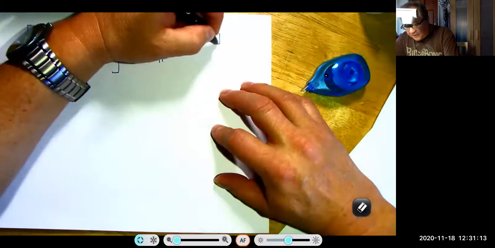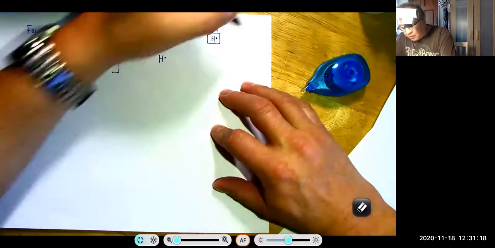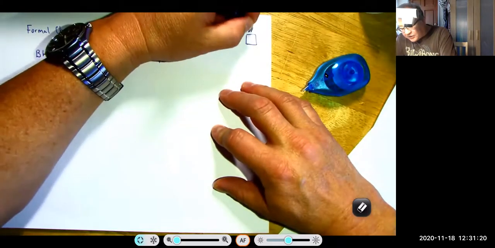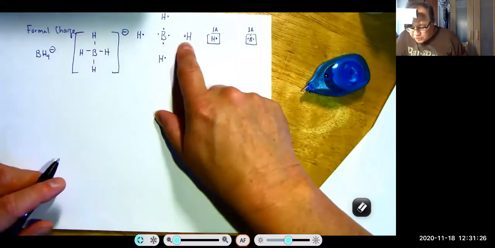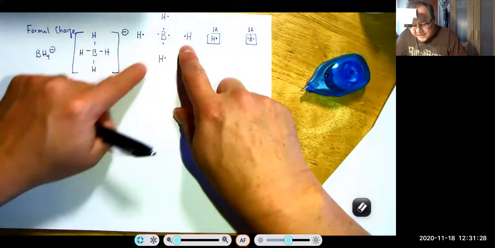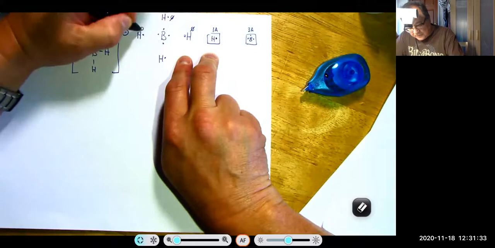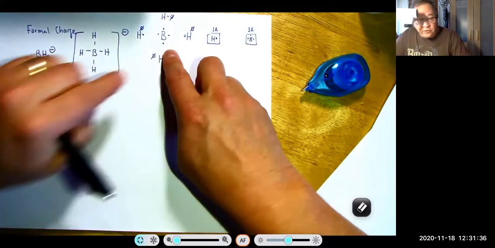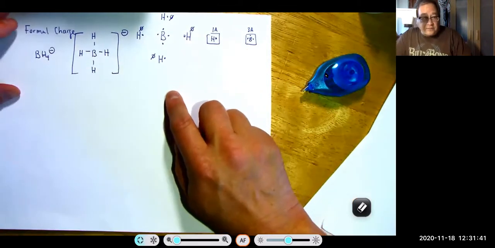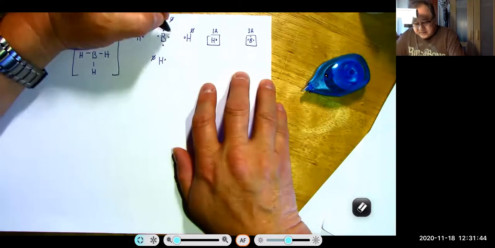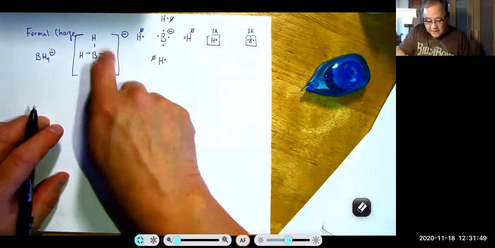Hydrogen, being in group 1A, has 1 valence electron, and boron, being in group 3A, has 3 valence electrons. So how does this hydrogen look compared to this? They look exactly the same, so the formal charge is 0. Now this boron, if it were neutral, would have 3 valence electrons, but here it has 4. So what happens to the charge on something when it gets an electron? It's a negative. So the formal charges here are 0, 0, 0, 0, and a -1.